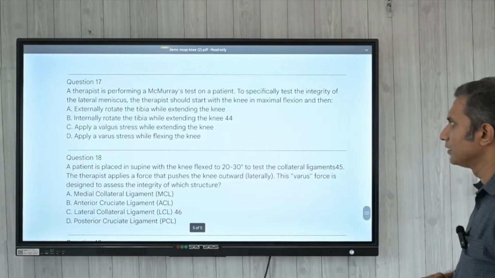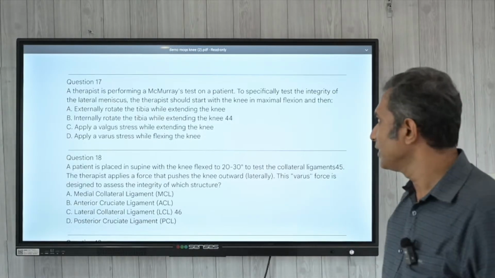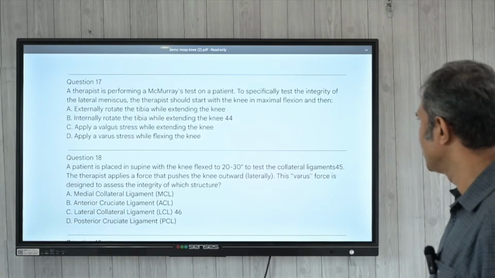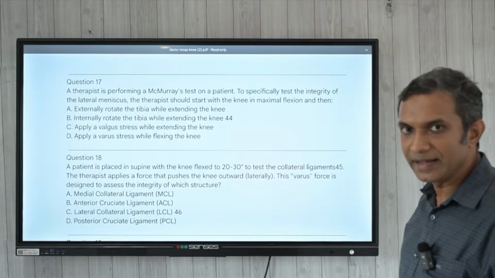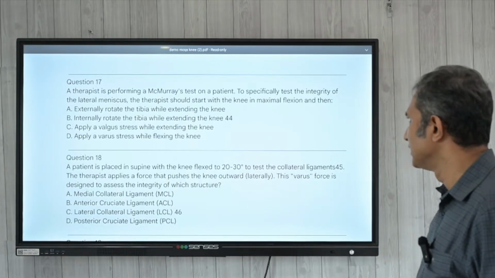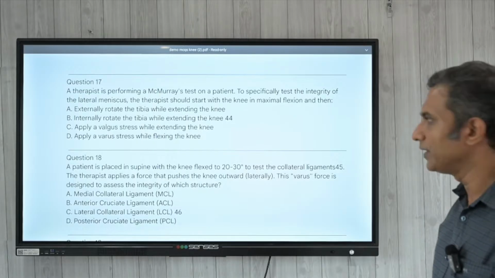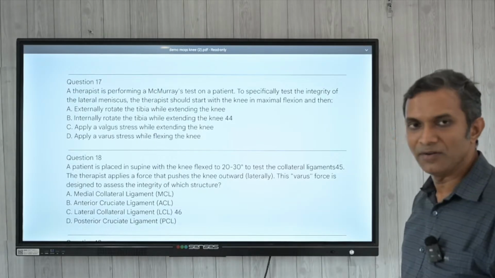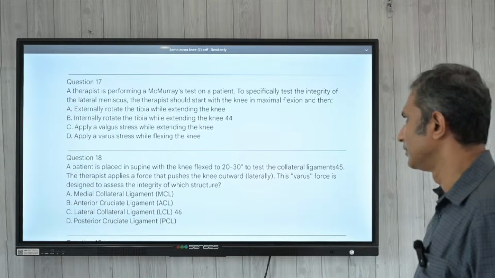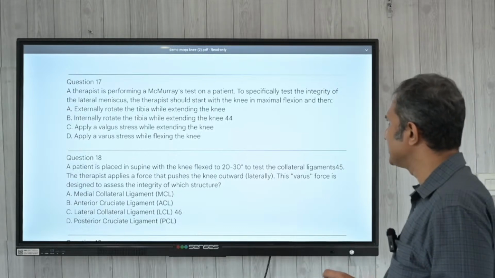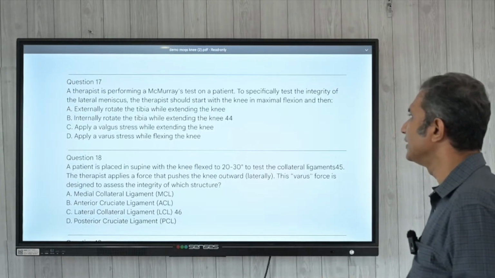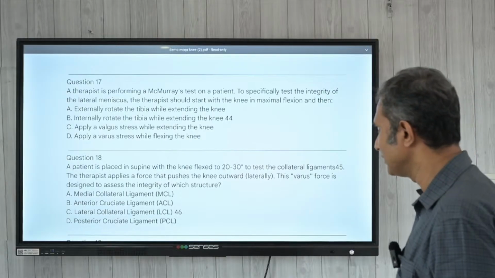Question 17. A therapist is performing a McMurray's test on a patient. To specifically test the integrity of lateral meniscus, the therapist should start with knee maximal flexion and then option A, externally rotate the tibia while extending the knee.